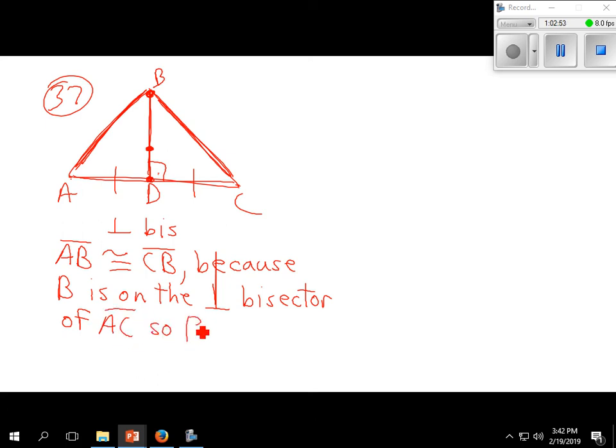So B is equidistant, or the same distance, from the two endpoints, which is from point A and point C. That's our explanation.